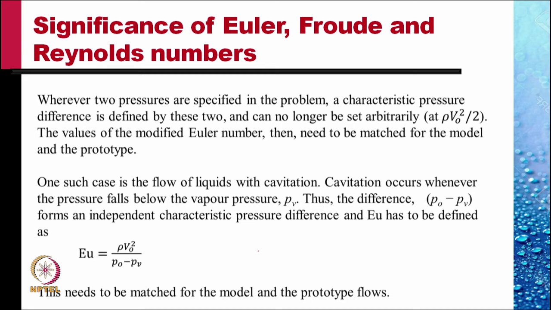Thus, the difference P naught minus vapor pressure PV forms an independent characteristic pressure difference, and the Euler number has to be defined as rho V naught square divided by P naught minus PV. And this Euler number needs to be matched in the model and the prototype flows.